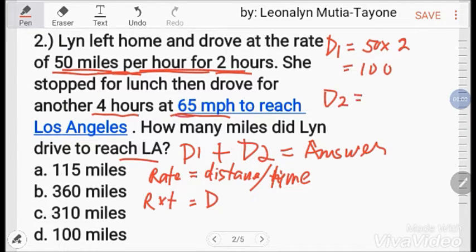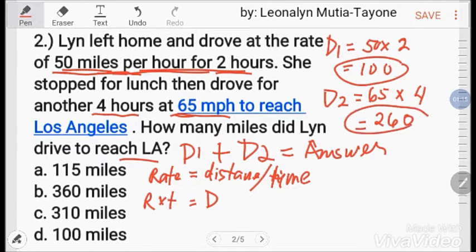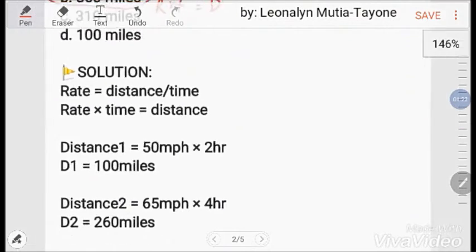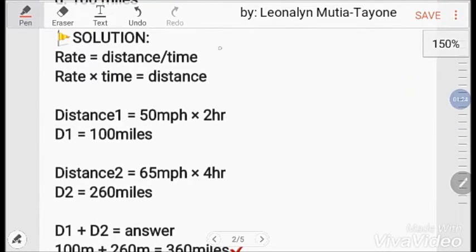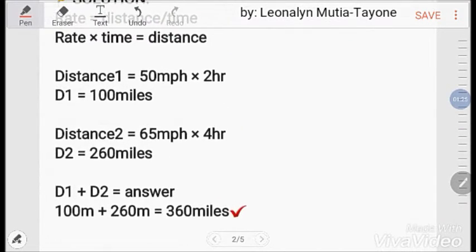Distance 2, 65 times 4, and that is 260. So, i-add itong dalawa, and that is 380. At ito na yung sagot. Ito naman yung detalyado nating solution. Distance 1, distance 2, at ito yung sagot.